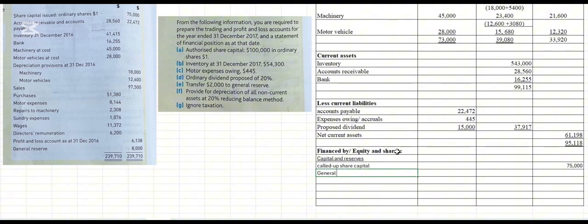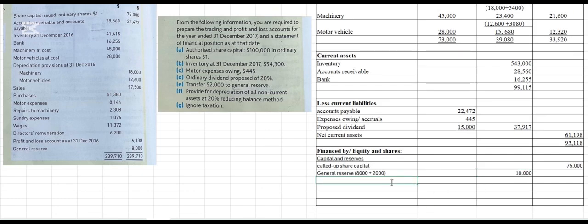But in the equity and shares section of the balance sheet, that's where you put the total reserve. So for general reserve, you will include the amount given to us in the trial balance, which is 8,000. Then you'll add the transfer to it, which is 2,000. So 8,000 plus 2,000 will equate to 10,000 for our general reserve.